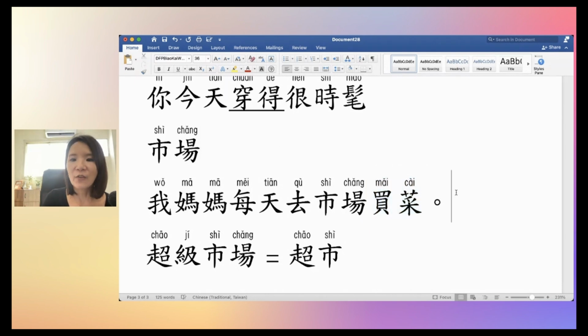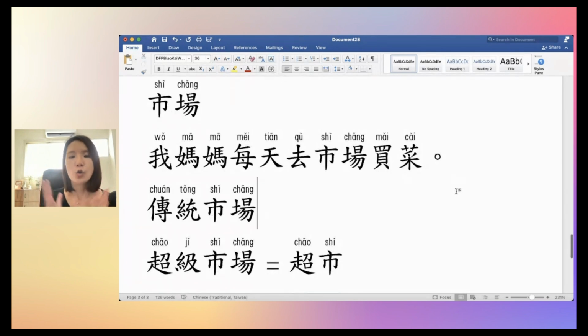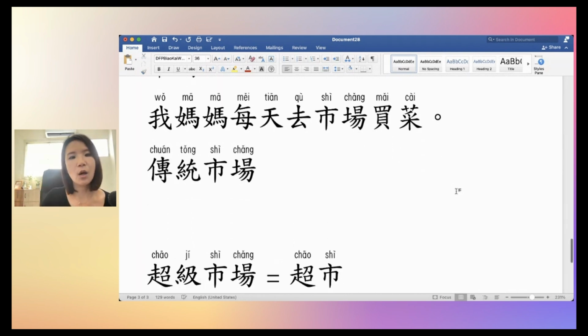Some people prefer going to a traditional market. Traditional market in Mandarin is 传统市场。传统 is traditional. You can use it to describe things that are very traditional, 传统, or a person who is very traditional or conservative. 传统市场。So you could say, my mom likes to go to the traditional market to buy food in general.